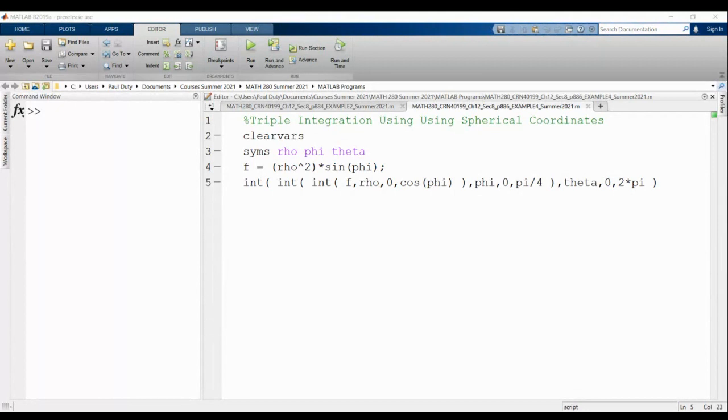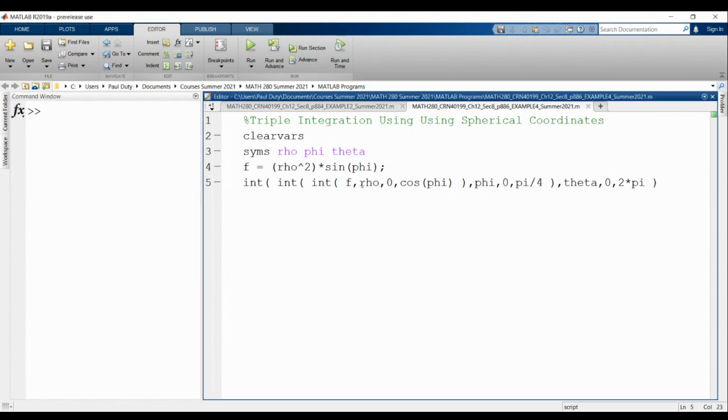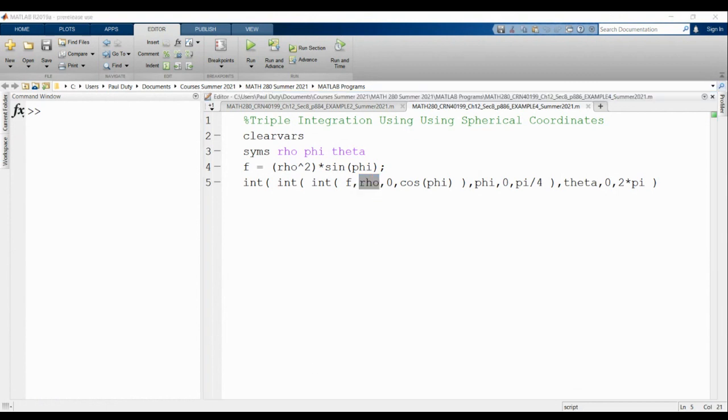Again, I'm going to integrate with respect to rho first. That's why I have the rho there. The limits on rho are 0 and cosine phi.